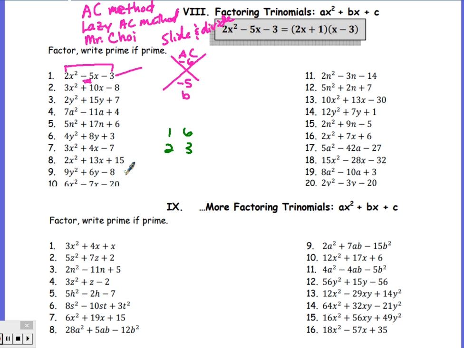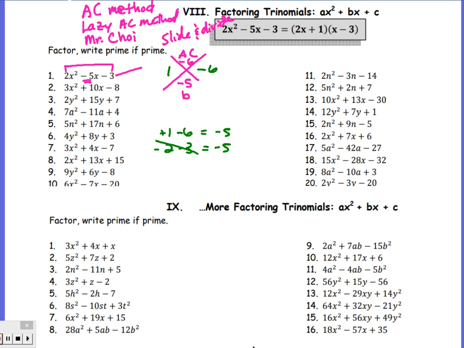So we have to think about it: if 6 is negative, only one of these is allowed to be negative. And to get -5, I would need both negative, so that one's not going to work. So I need to have a -6 and a +1. It looks like 1 and -6 would add up to -5. This one won't work.